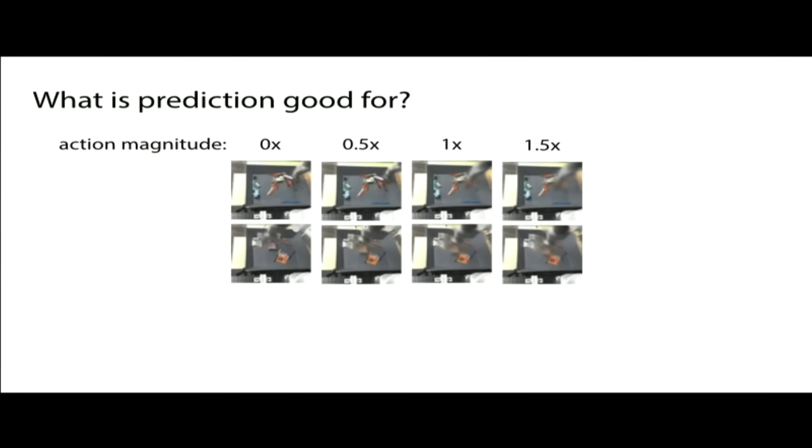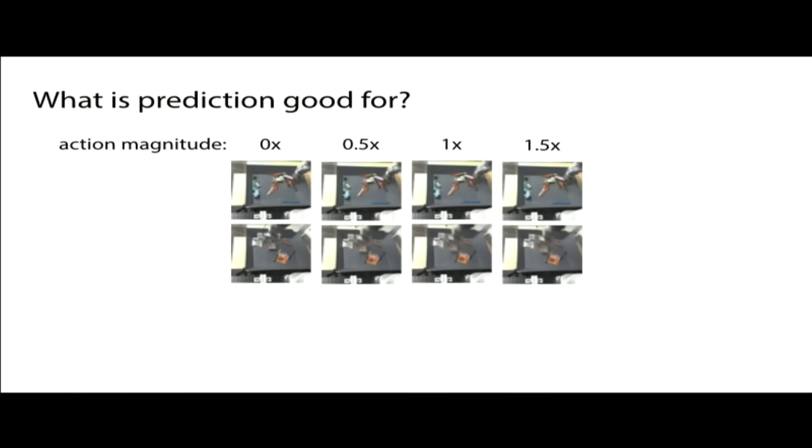You get a different imagination of what's going to happen in the future. Here you can see that the model predicts that the arm is going to move less if you pass in a smaller action magnitude. And if you decrease it even more, it predicts that the objects actually won't move. Likewise, if you go in the other direction, it predicts that the arm will move more. So what this is doing is basically imagining different futures for what the robot might be doing in the future.